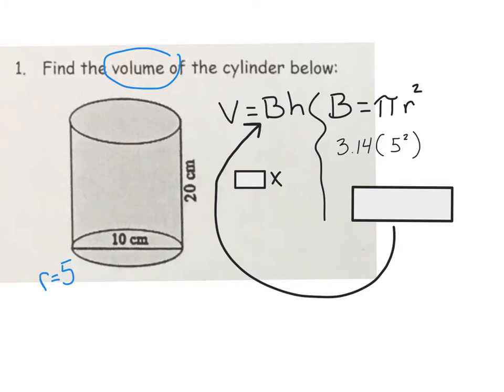And the height of this is 20. So the answer you get for that is going to be your final answer. Okay, so V equals, that's your volume. There we go. Just like that. So that's going to be the volume of the cylinder.